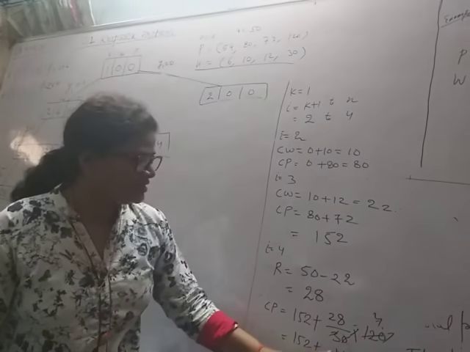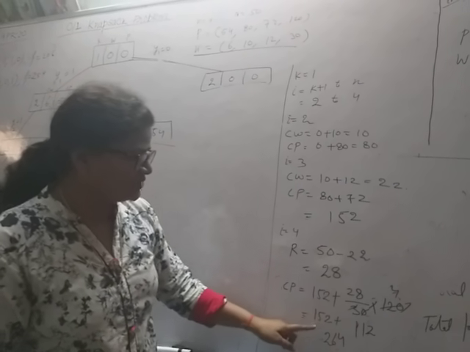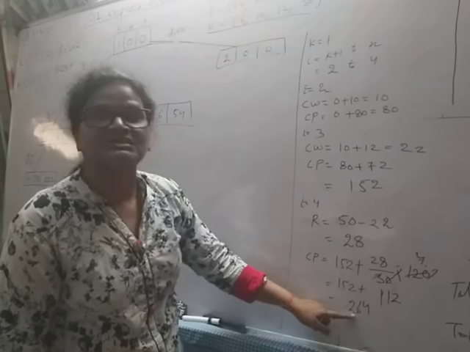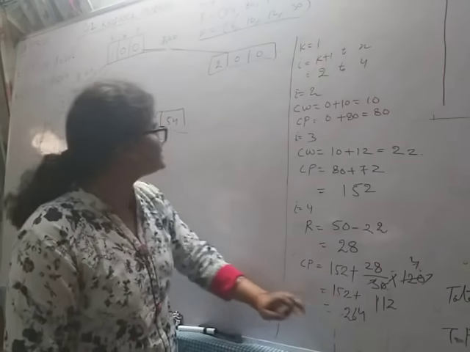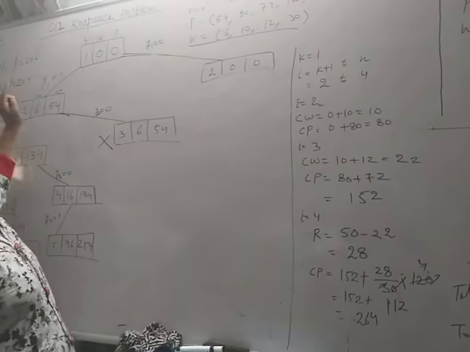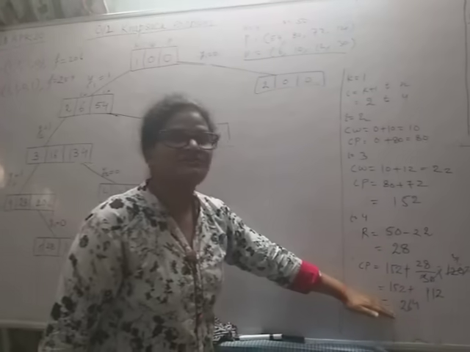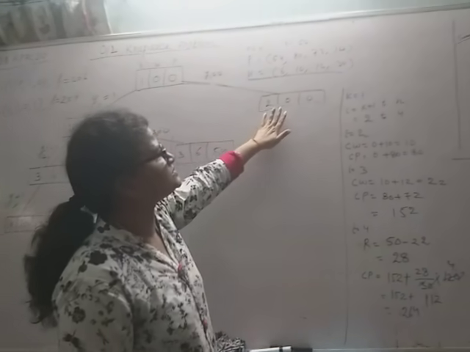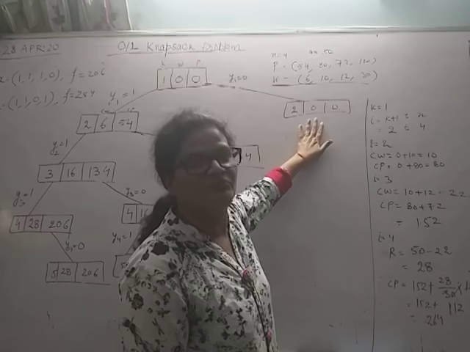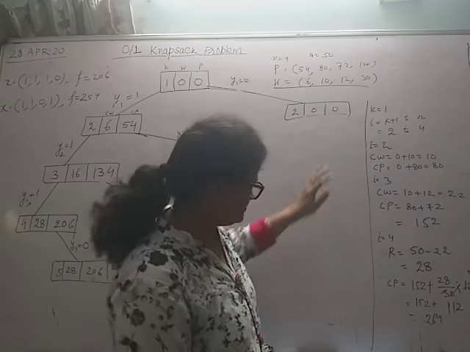So 4 and 4, 112, and this will be 264. Now see, the 264 and here 254. So this 264 is greater than 254, so simply we can move to the right branch here.